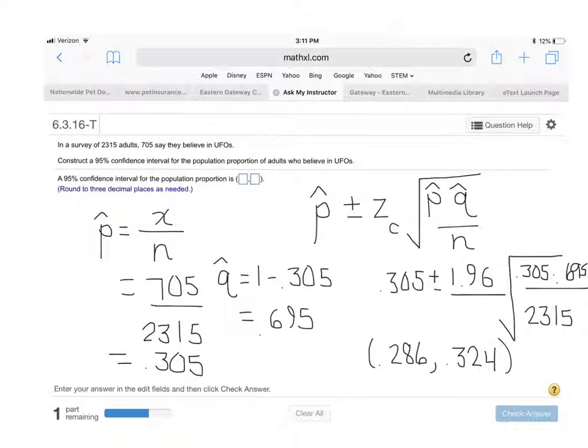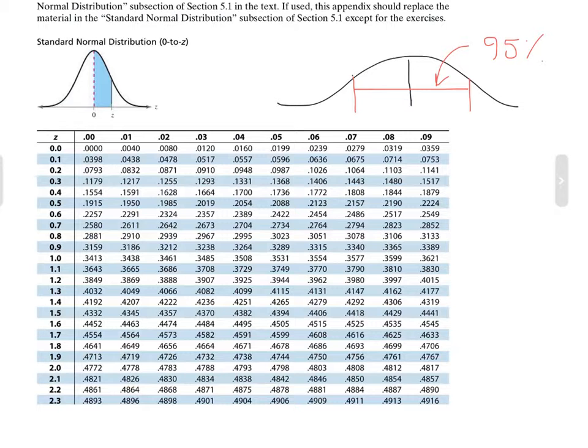But now, how did I get that critical value? Well, I have to keep in mind that 95% confidence means that we're capturing the middle 95%. Our table of critical values for the normal curve when z is positive gives us the proportion between a z-score of 0 and the corresponding z-score, which is basically half of that red interval.